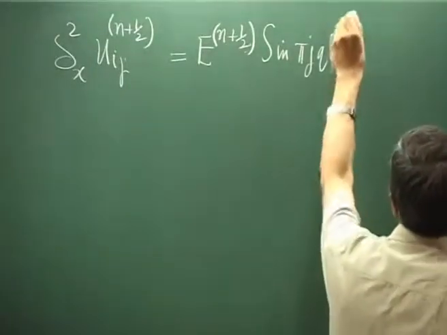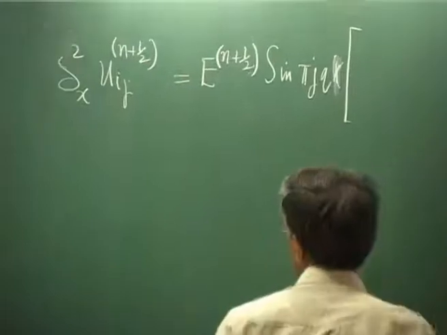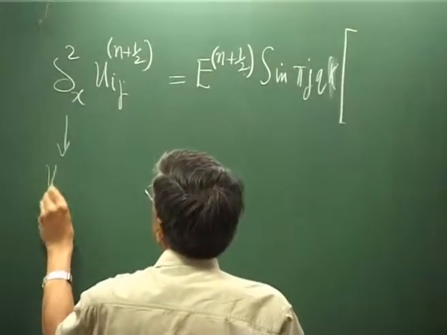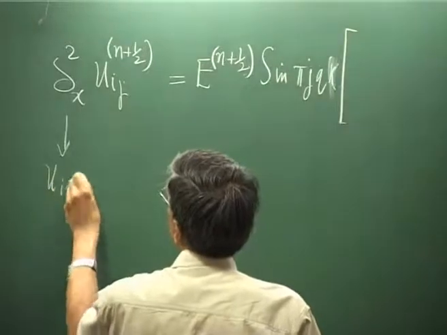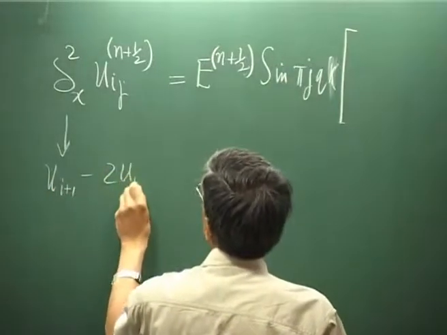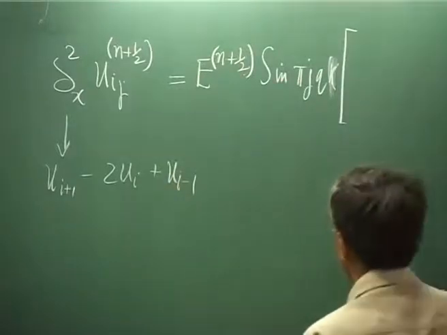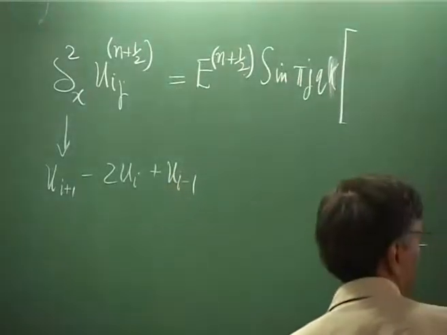And so, if I now write this, the operator is something like u i plus 1 minus 2 u i plus u i minus 1. So, this is the form of the function.